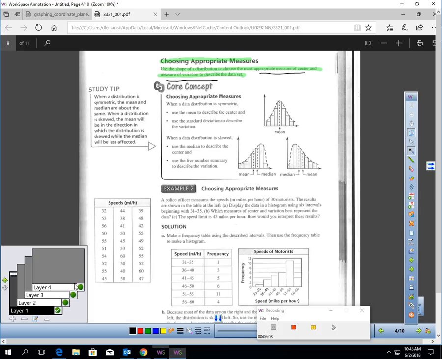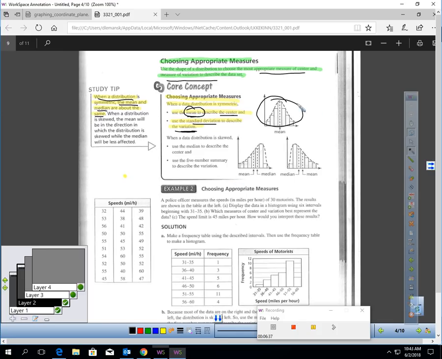If your histogram is symmetric, it would be best to use the mean to describe the center and standard deviation to describe the variation. When we are symmetric, the mean and median are going to be pretty close to the same, so it's fine just to use the average. You can use the mean to describe the center.